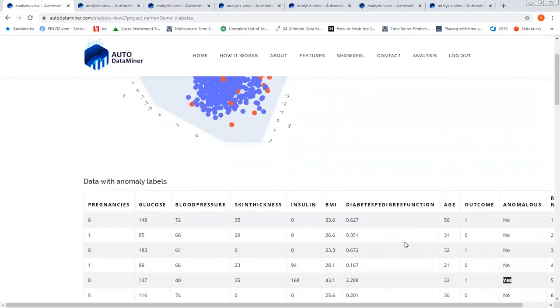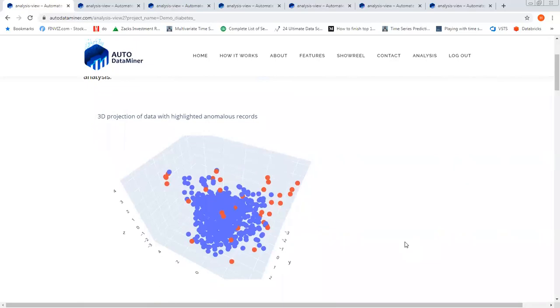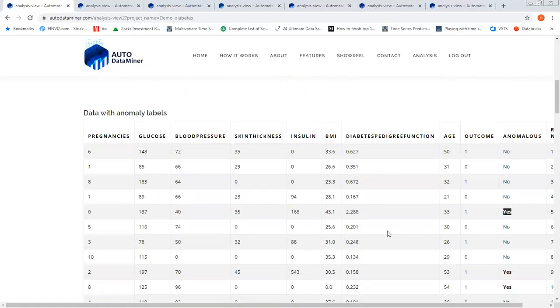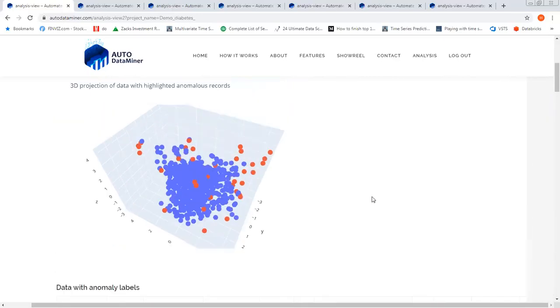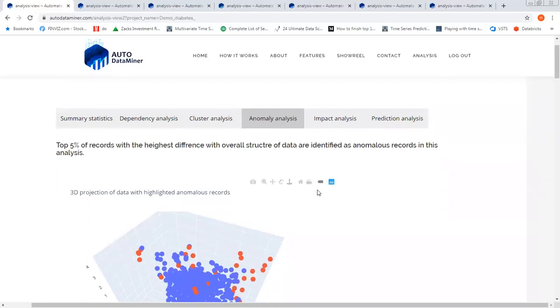Using this anomaly analysis, you can find people who are really outliers. For example, you might see people who are very young, with no pregnancy, but who have diabetes. You can look into what happened to those people. Or it can even be noise. Let's say this person is noise, this is not real data. This analysis helps you identify those people.